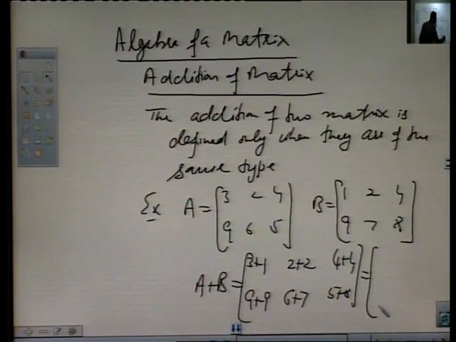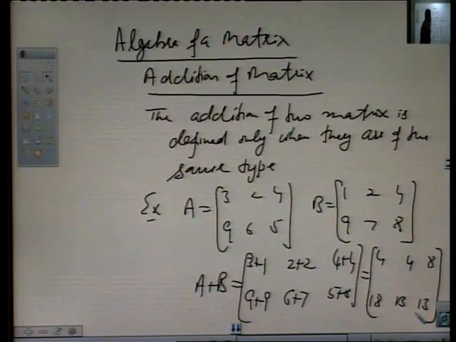Here it is 4, 4, 8, 18, 13 and 13. This is the addition of two matrices.